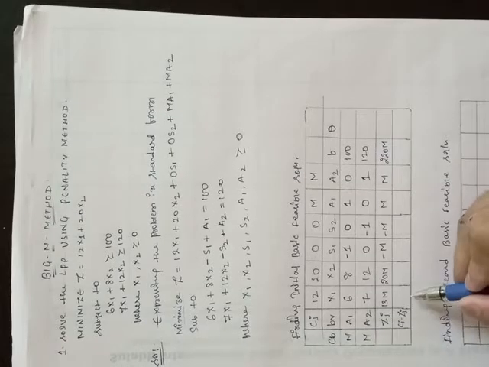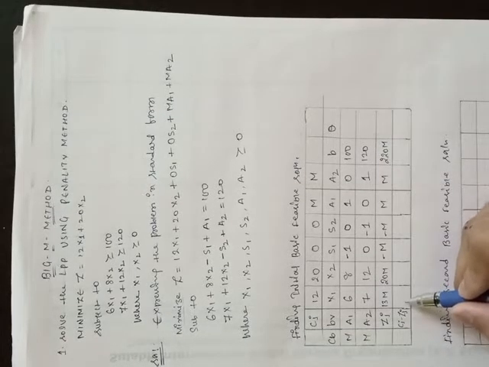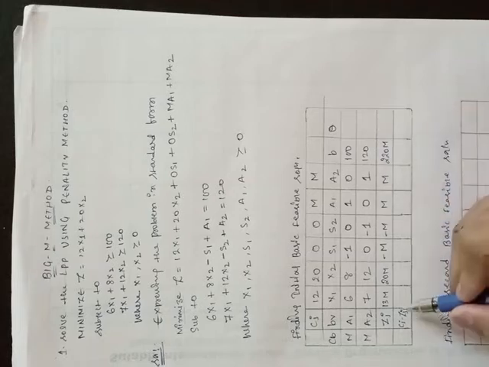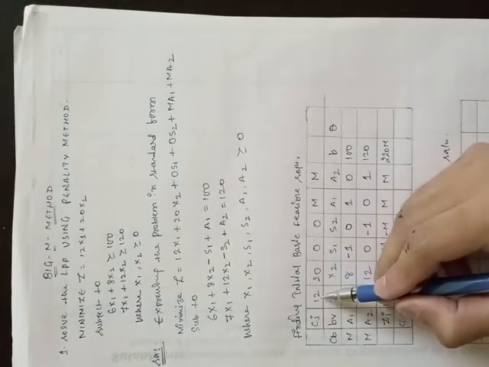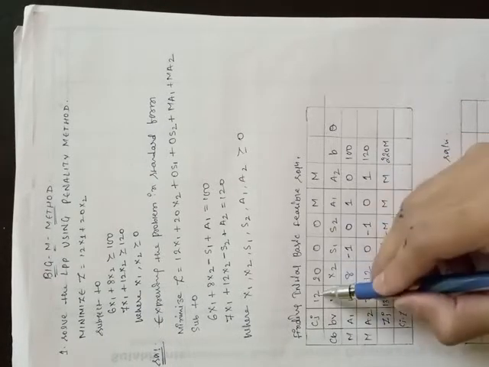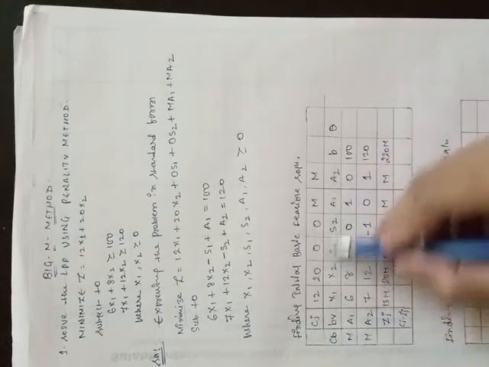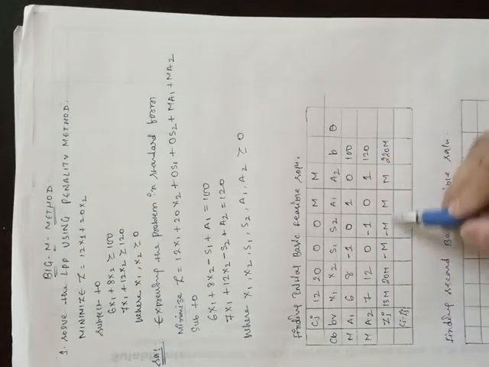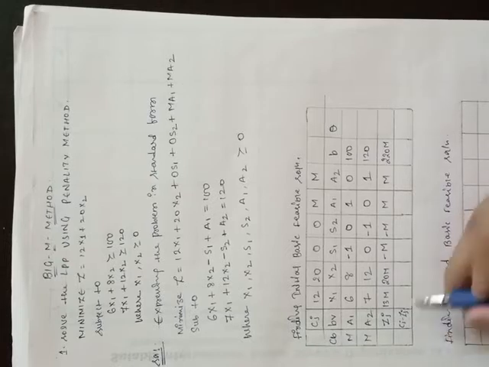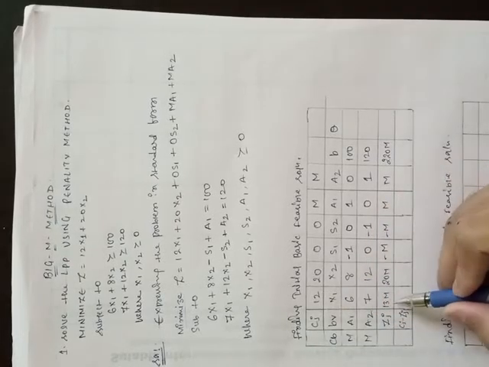Now we write the cj minus zj row. The Cj values are given here, and the Zj values are here. So for x1, 12 minus 13M.